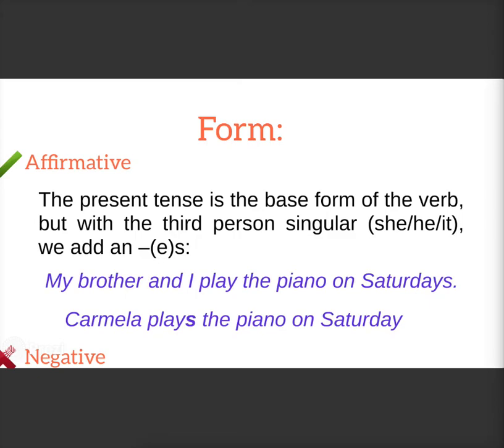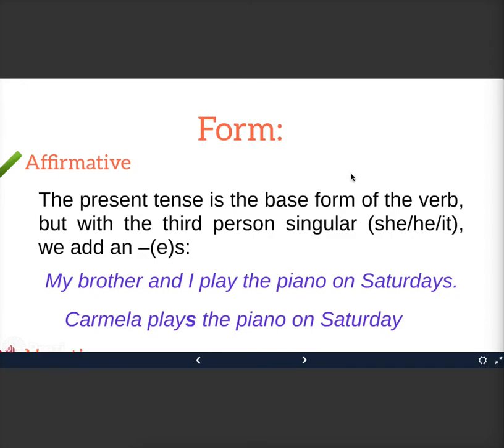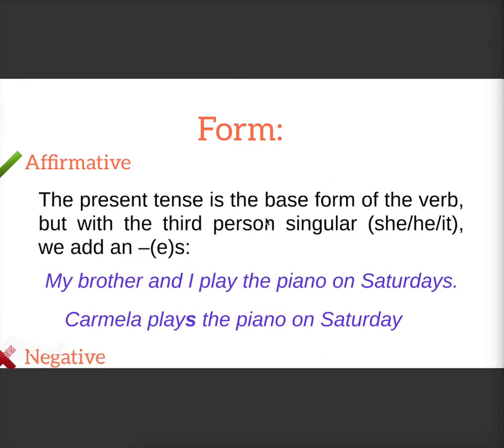Thank you. So look at this, guys. Don't forget this. The present tense is the base form of the verb, like in infinitive, es como que toda la oración va normal, el sujeto va normal, el verbo va normal, no conjugas nada, pero tienes que tener cuidado con la tercera persona. You have to be really careful with he, she, and it. Why?